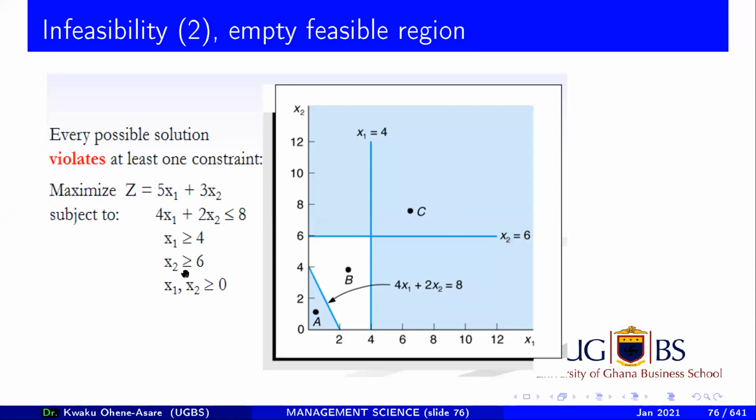When you put the so-called optimal solution into one of the constraints, that constraint is no longer feasible. So unboundedness deals with the objective function increasing infinitely, whereas infeasibility deals with the constraint, not the objective, which is not satisfied, which is not feasible.